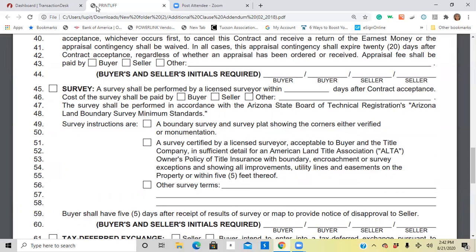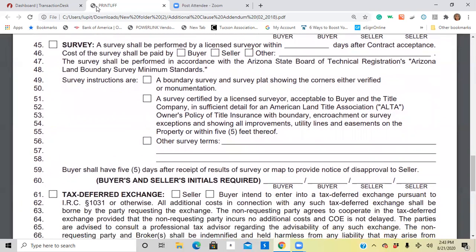The survey shall be performed in accordance with the Arizona State Board of Technical Registration's Arizona Land Boundary Survey Minimum Standards. And then you can pick the survey instructions. The boundary survey and survey plat showing the corners either verified or monumentation.